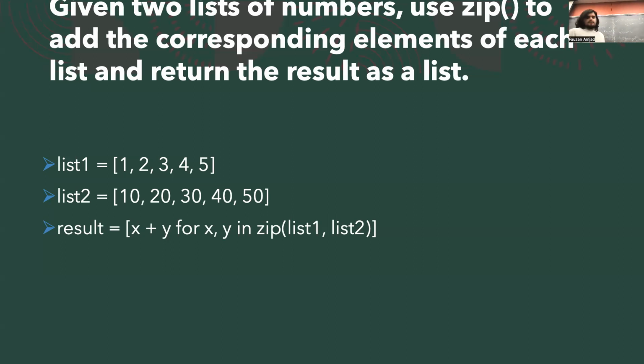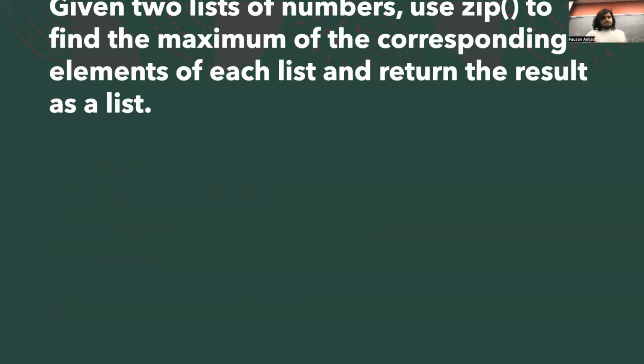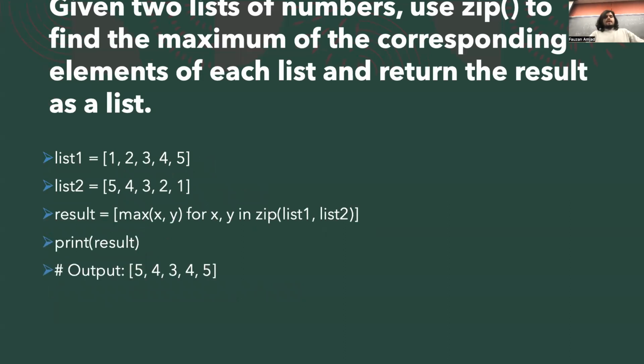Then it just adds those values together. When we print out the results, we get 11, 22, 33, 44, 55, because it's adding the first element of list 1 with the first element of the second list, the second element of the first list with the second element of the second list, and so on. So these are other problems that you can use with lists. I'm not going to hold you up on that, but you can go back and check that out.